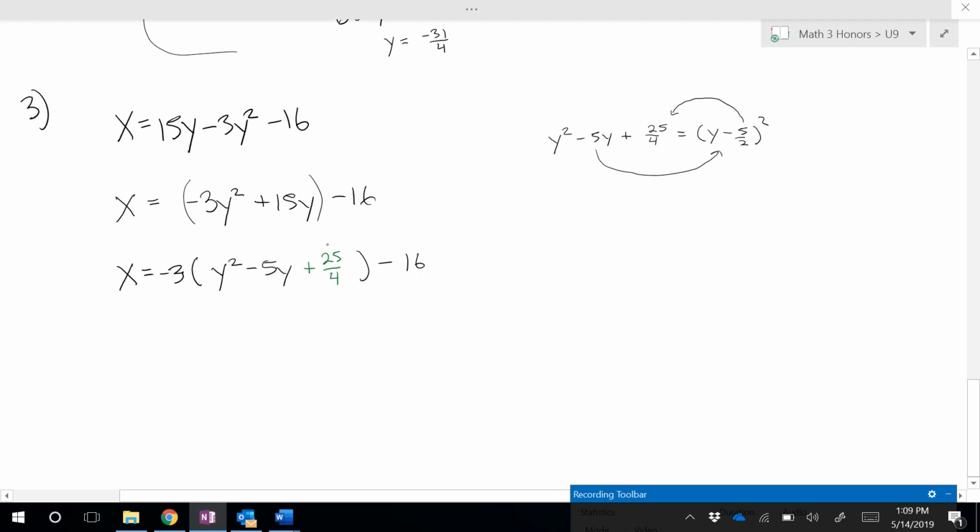Now if I add that 25 over 4, now it's not balanced, right? So I need to figure out what to put over here to balance this out. So its real value is -3 times 25 over 4, which is -75 over 4. So I need to add 75 over 4, to balance that out, so that if I were to multiply stuff out, that would cancel out. Okay.